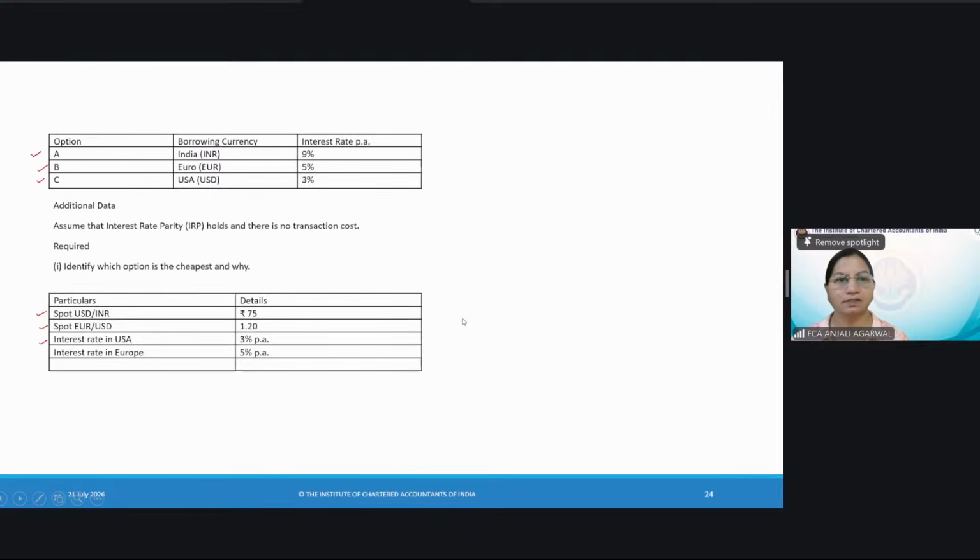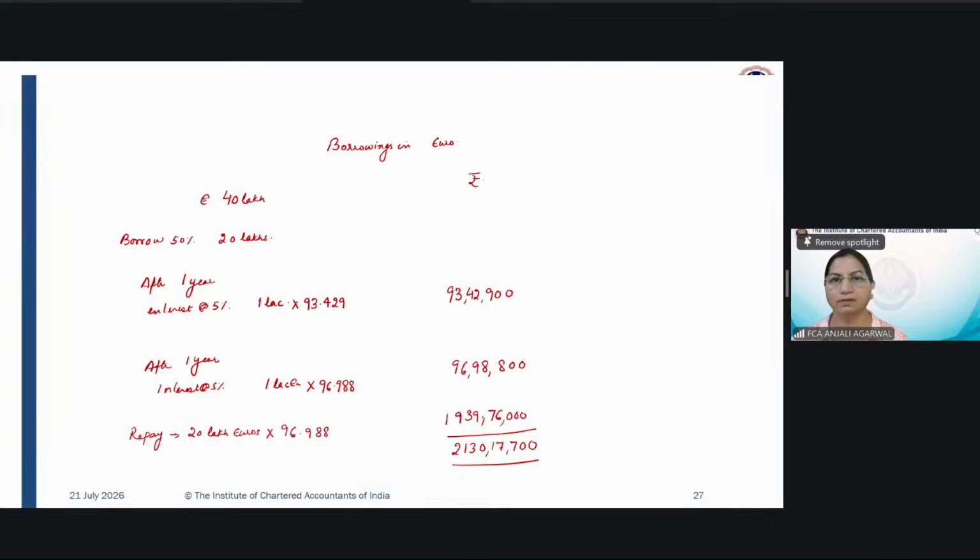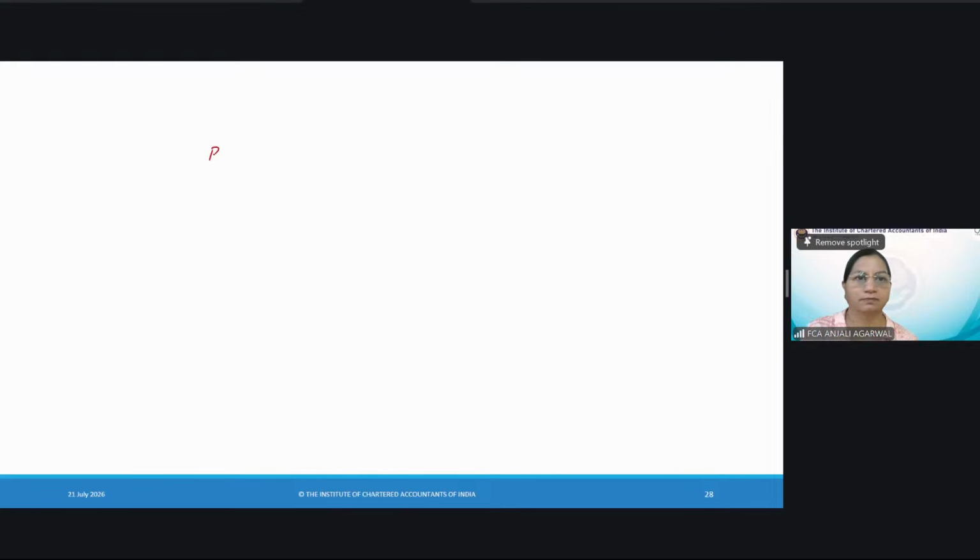Third option is you can borrow in US dollars. So once again, the amount you need will be euro 40 lakhs. So what you need to borrow is 20 lakhs or 2 million euros. The current rate of euro in terms of USD is 1.20.